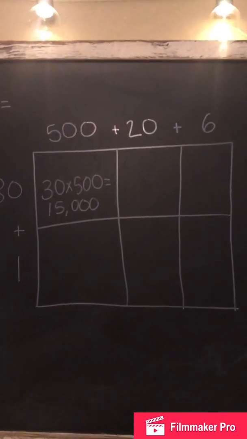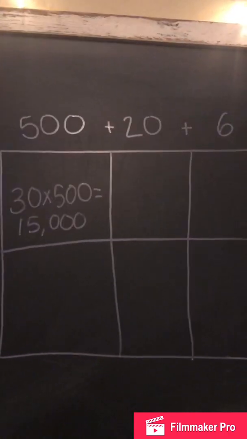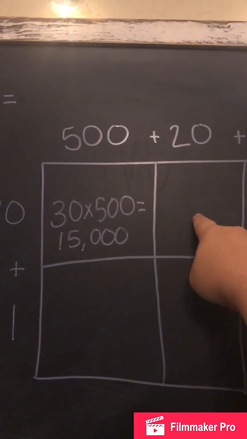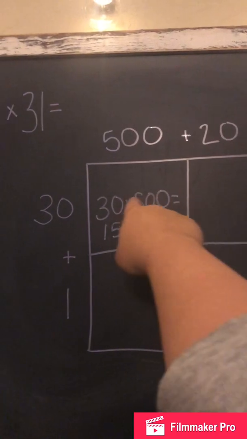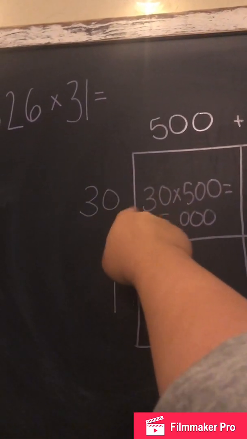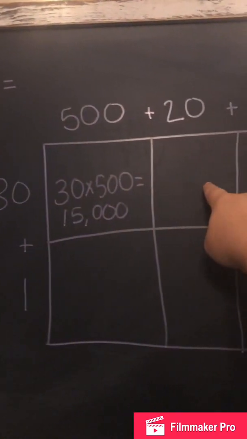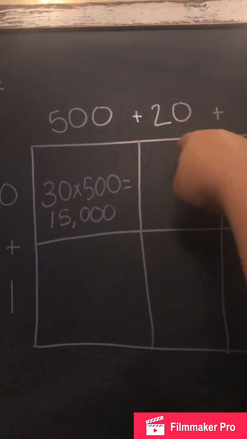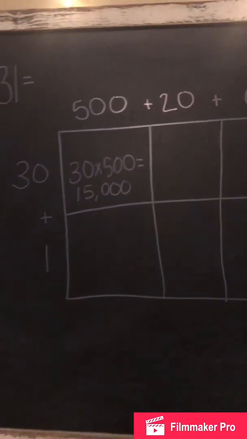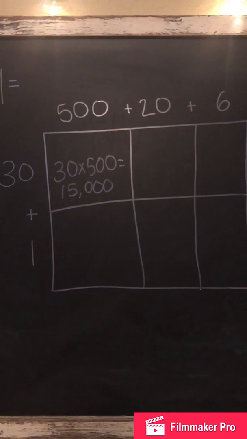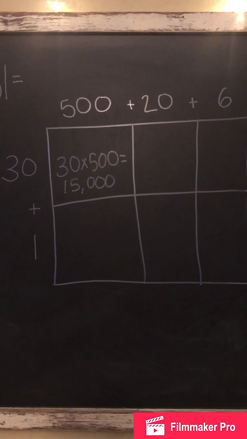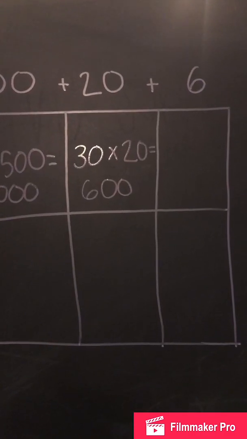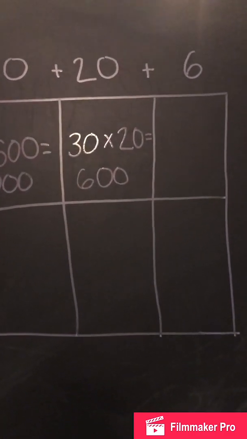Now I can begin working on my second box. I place my finger in the second box, I go over to the left, and I see I have a 30. I come back to my second box, I go up, and I see I have a 20. So I know that 30 times 20 will go in my second box. 30 times 20 equals 600.